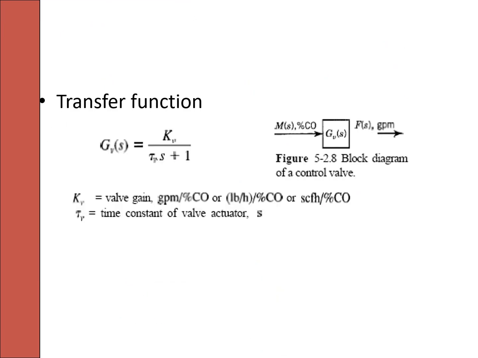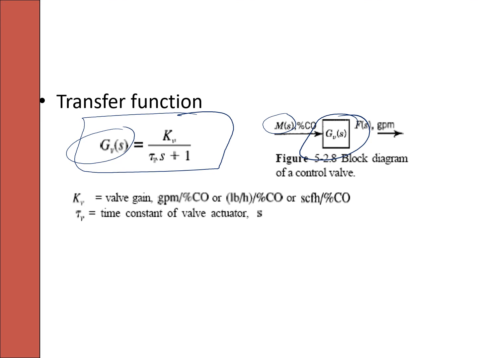So we move to the transfer function. This is the transfer function for the valve. GV is for valve. This is the block diagram of a control valve. The input entering the valve is the controller output, M, in terms of percentage.